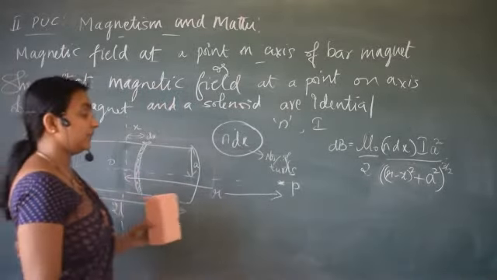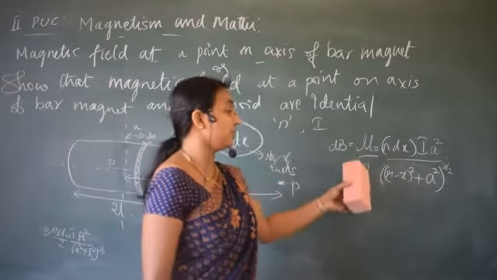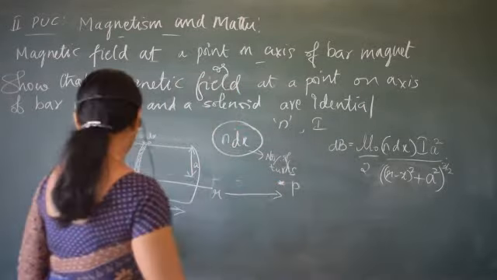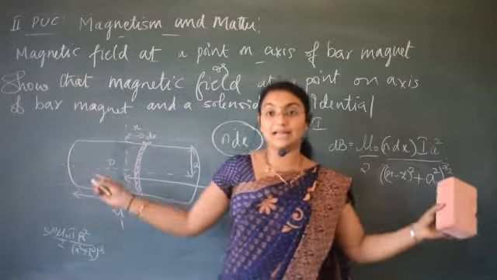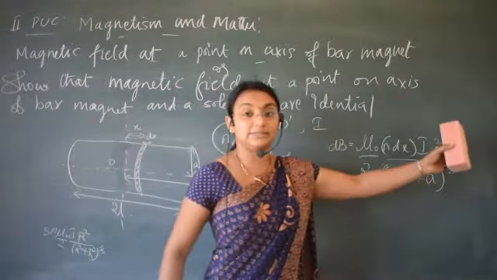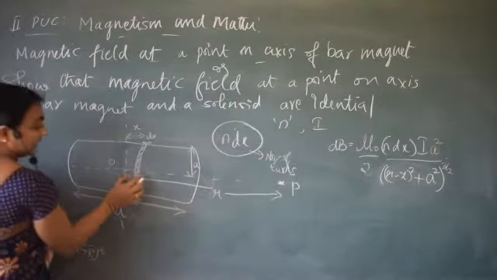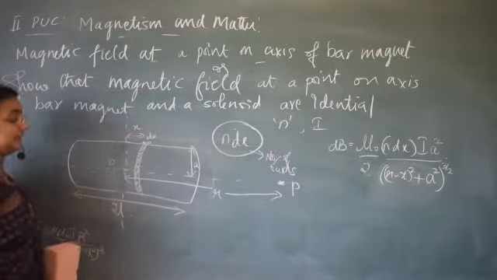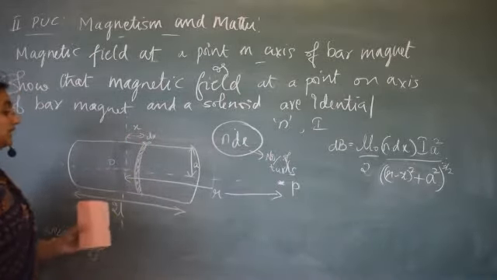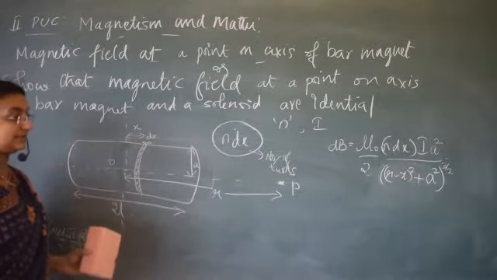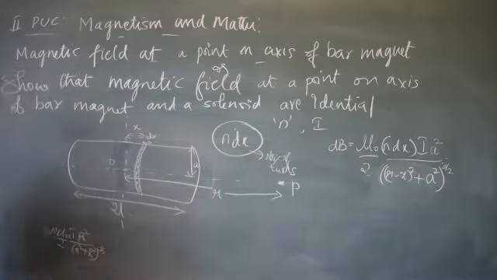Then the expression for magnetic field at a point P is dB is equal to mu naught by 2, for n number of turns, n into dx I a square, because the radius is a, divided by, for this distance that is r minus x, r minus x the whole square plus a square to the power 3 by 2.